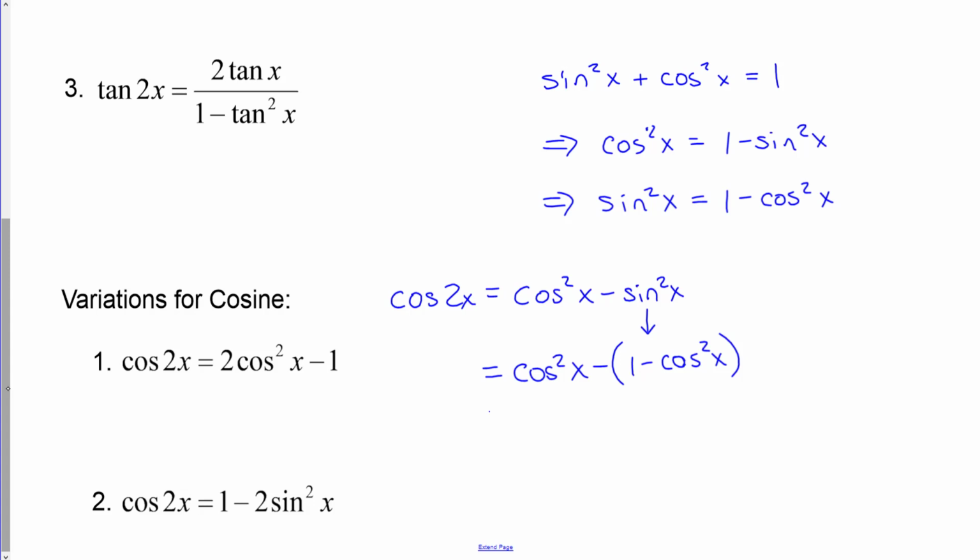So the negative would distribute, and I would have cosine squared x minus 1 plus cosine squared x, or 2 cosine squared x minus 1, which shows me how I get these variations for cosine. And the same would be true, I could get the other variation if I just substituted 1 minus sine squared x in for the cosine squared x. So those will become important in a bit.